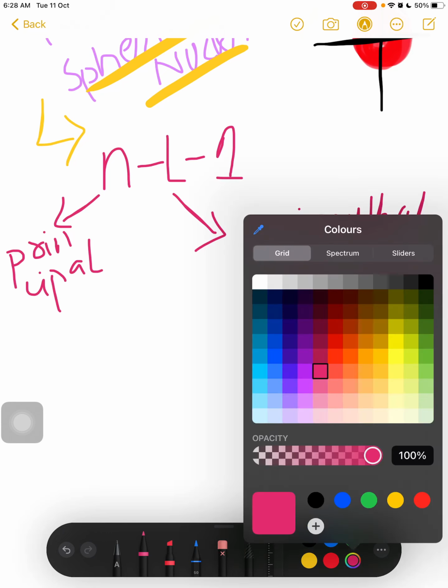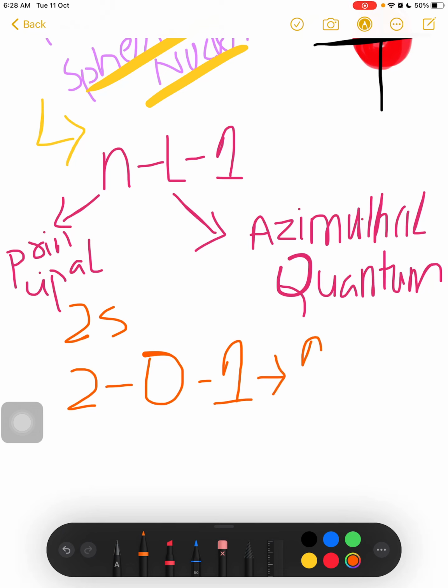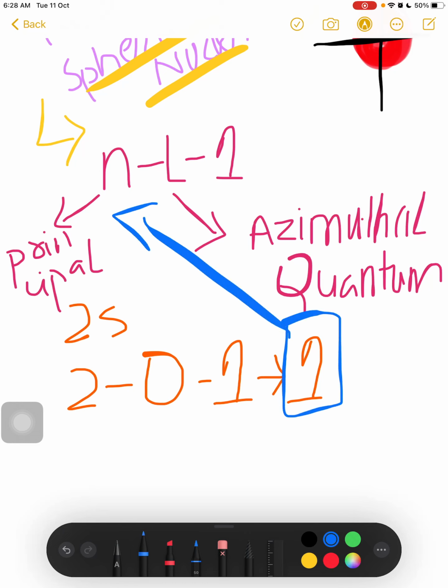For example, let's find out the spherical nodes of 2s, right? n is 2, minus l which is 0, minus 1. So 2 minus 0 is 2, 2 minus 1 is equal to 1, right? So it means that there is one node in the 2s, and it is spherical.